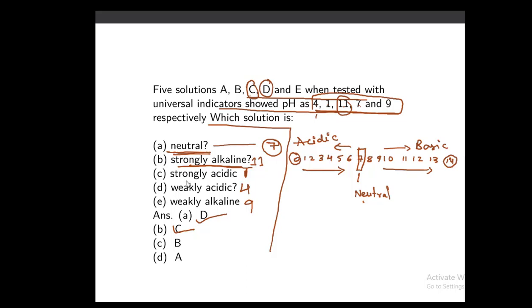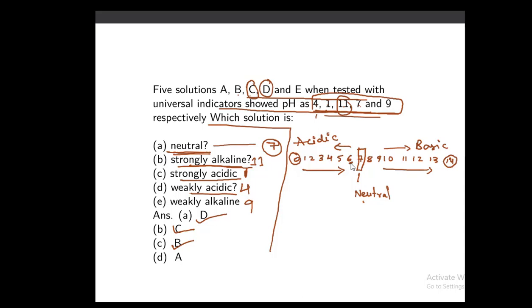Next, strongly acidic. Here we do not have 0, right? So after 0 we have 1. 1 is in the second place, and the second is B. Answer is B. Next, weakly acidic.